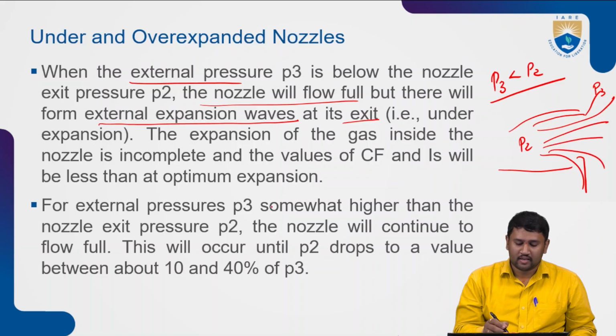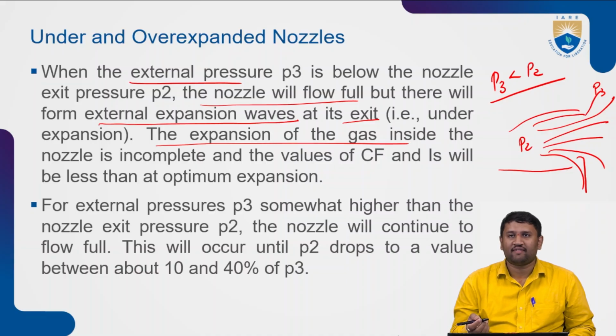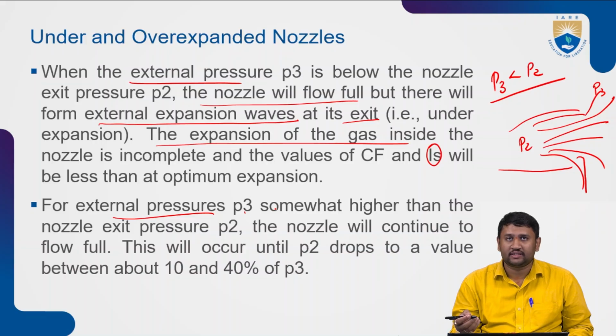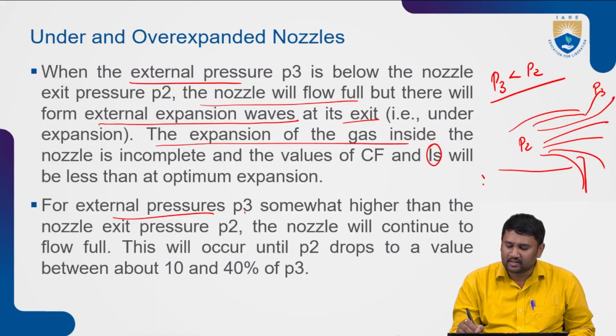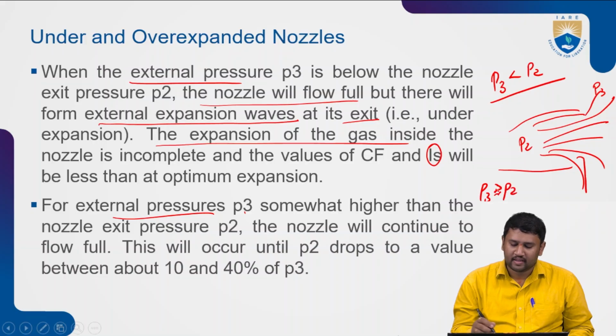And the expansion of the gas inside the nozzle is incomplete, and the values of CF and Is, that is specific impulse, will be less than that of optimal expansion. For external pressures P3 somewhat higher than the nozzle exit pressure P2, the nozzle will continue to flow full.